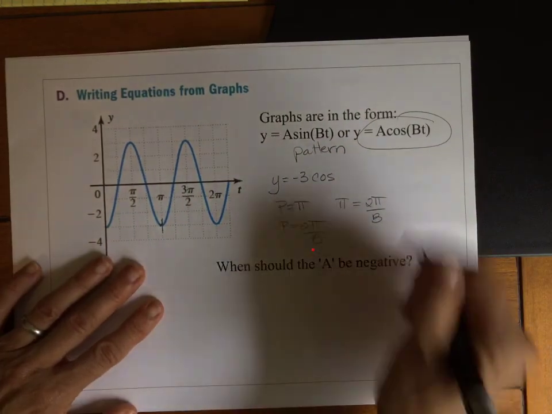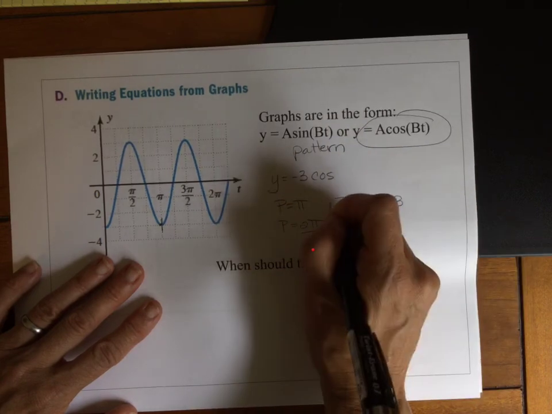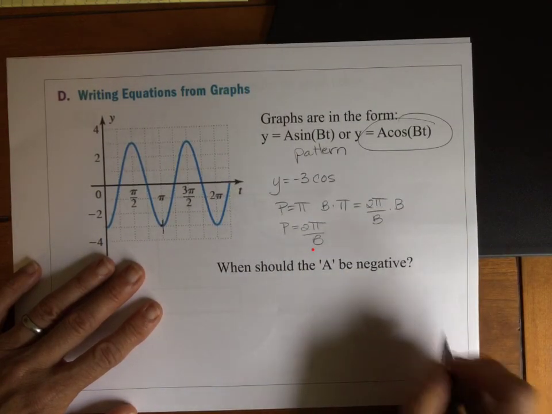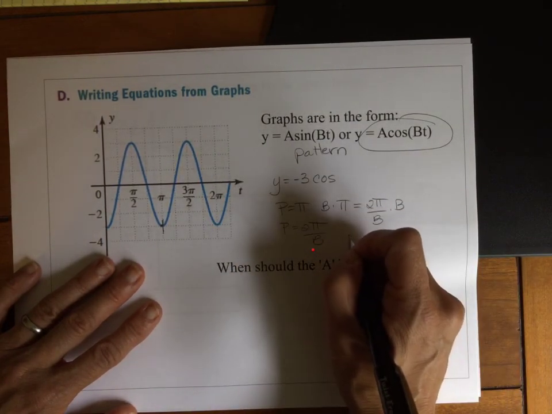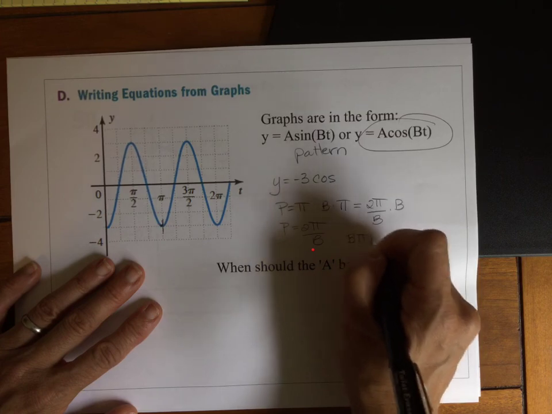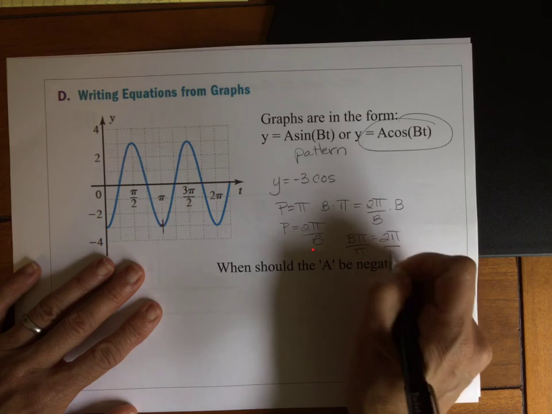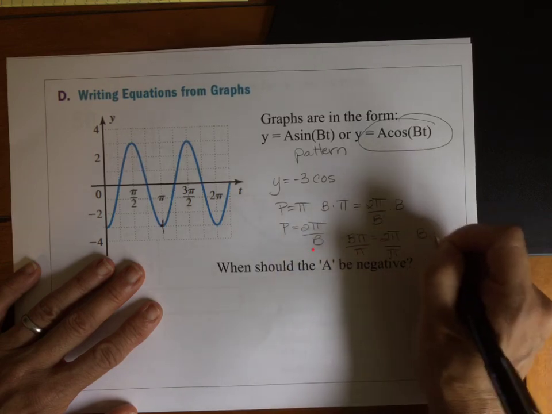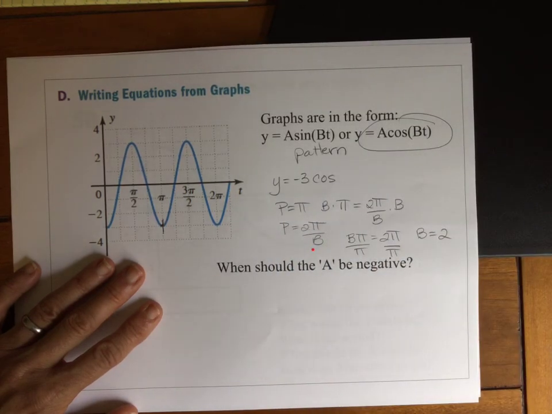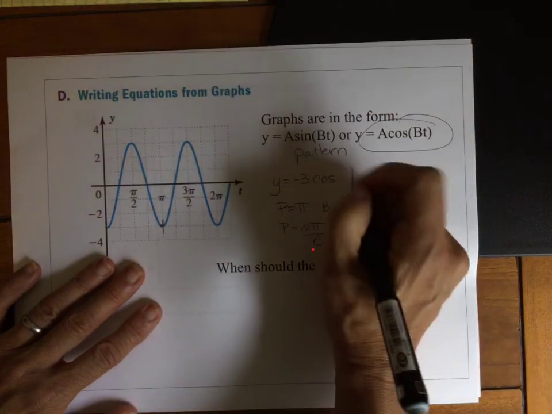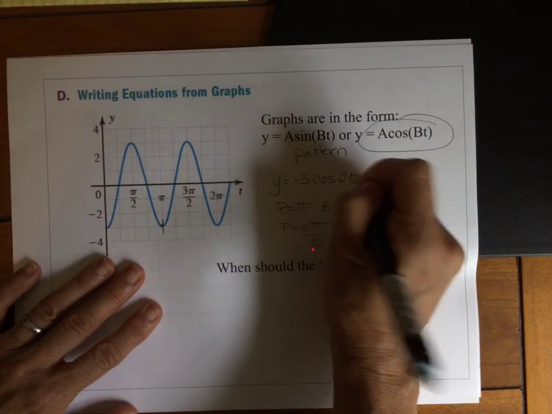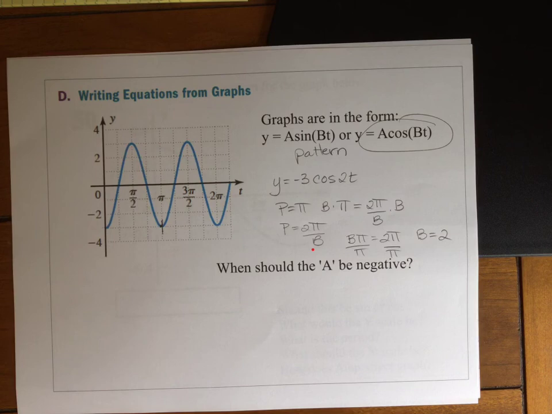I'm going to multiply both sides by b. That gives me b times pi equals 2 pi. Divide both sides by pi, and I can see that b equals 2. So I'm going to write this as cosine of 2t.